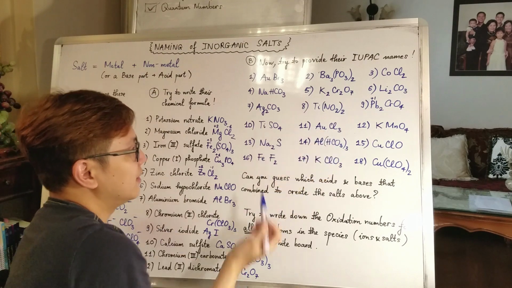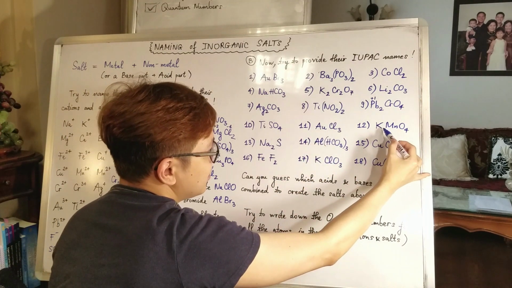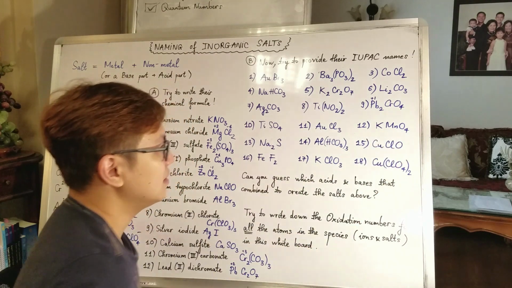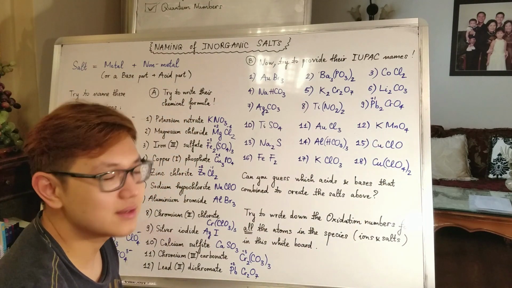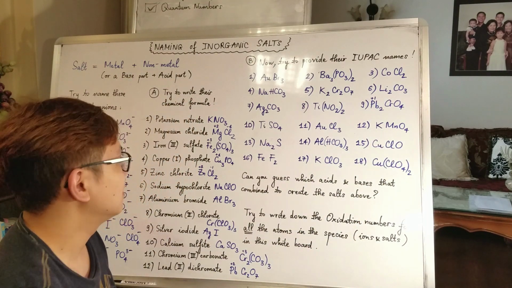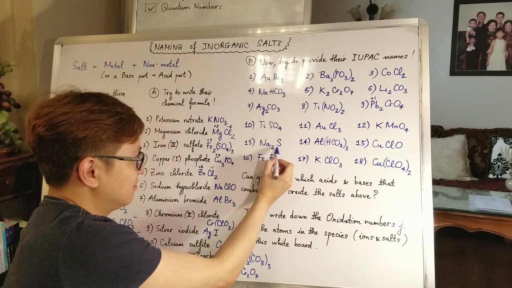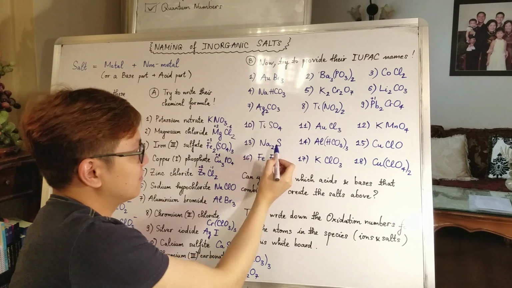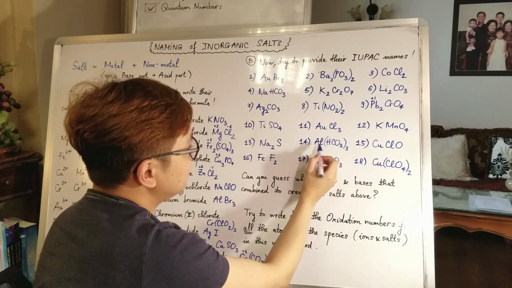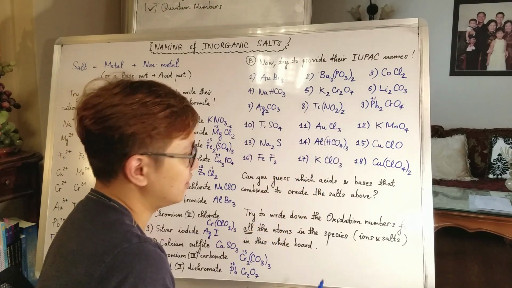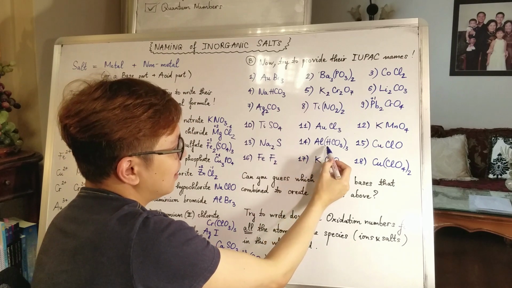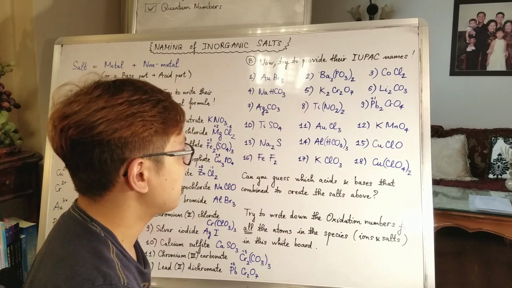Gold chloride. Potassium permanganate. This is MnO4 minus, the permanganate ion. So sodium sulfide. Aluminium hydrogen carbonate, or you can call it aluminium bicarbonate.